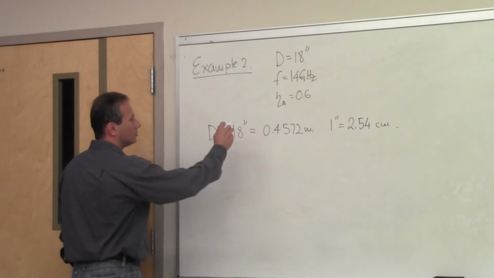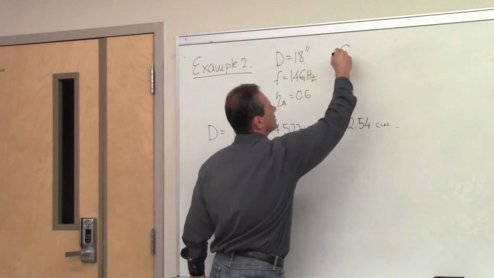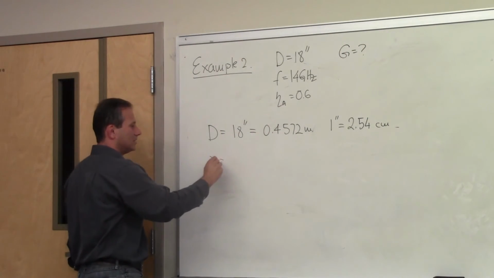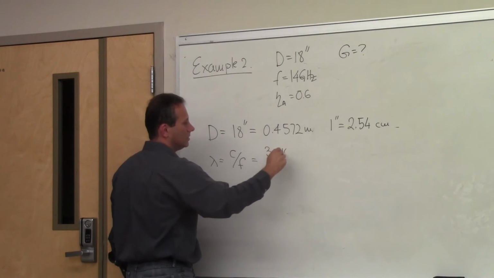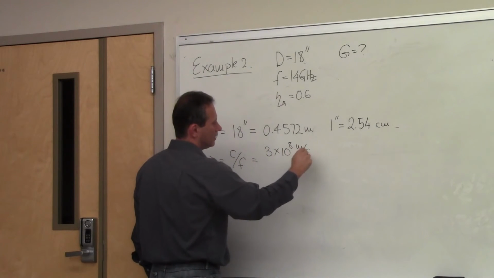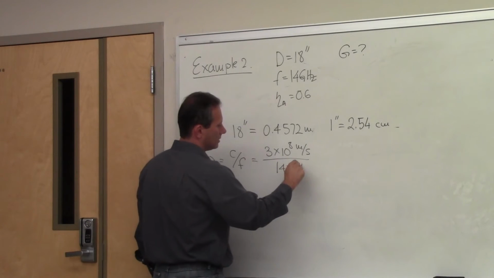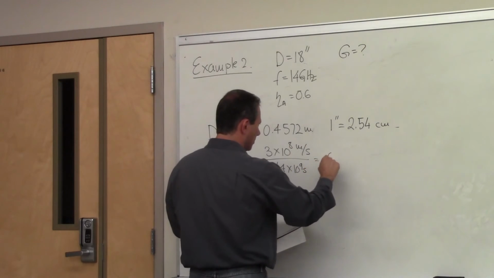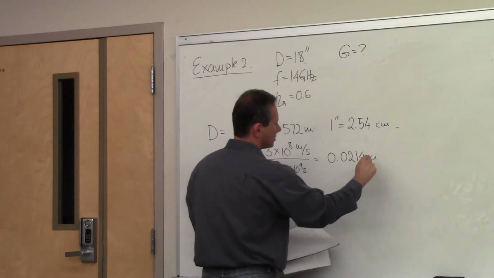So to calculate the gain of this antenna, we also need lambda. Lambda is equal to c over f. So in our case here, this is 3 times 10 to the 8 meters per second divided by 14 times 10 to the 9 seconds. So lambda in this case is 0.0214 meters, right?